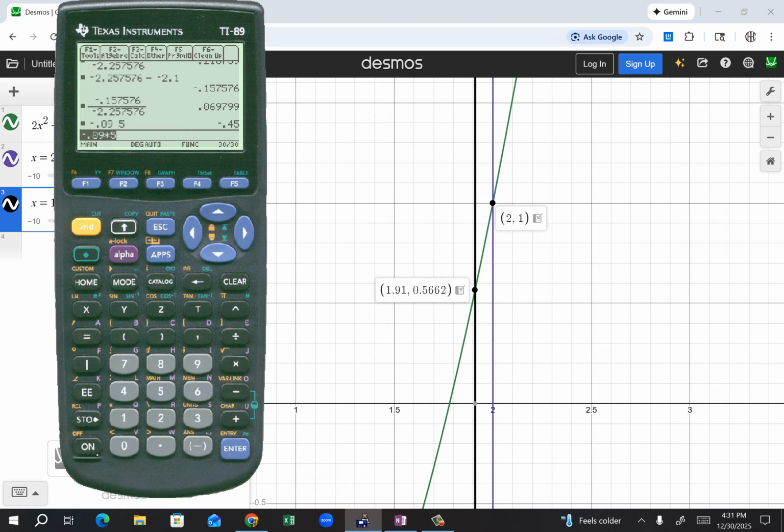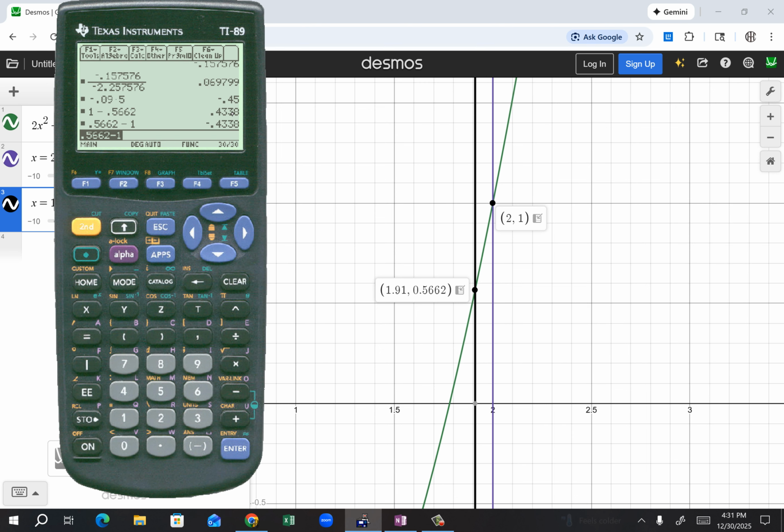What is 1 minus 0.5662? Well, okay. It looks like, and we should have read it the other way around, 0.5662 minus 1, we went down 0.4338, which is awfully close to what, friends? Negative 0.45, you with me?